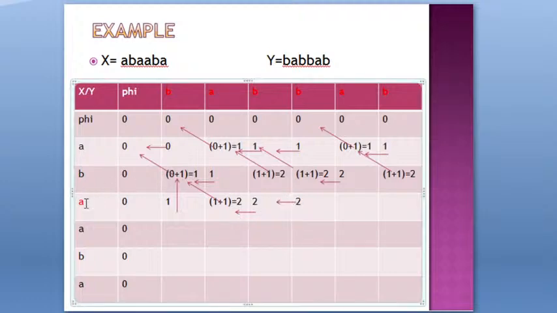Now, while performing A with A, check here, my characters matched with each other, right? So here I will perform the diagonal element plus 1. The diagonal element is 2, so 2 plus 1 which is 3. So I put 3.